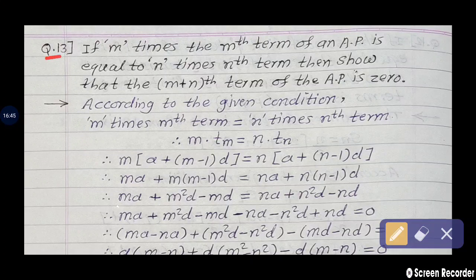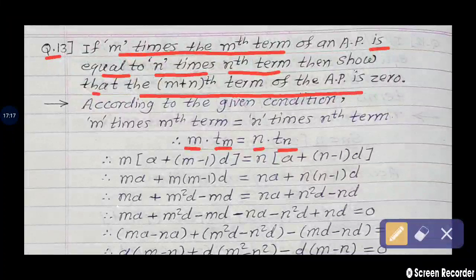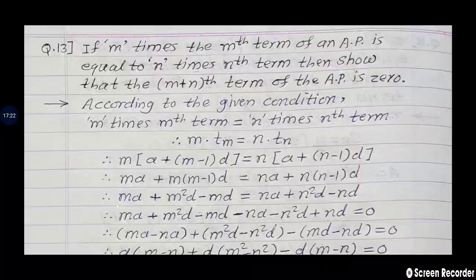If m times the mth term, m times means m multiplied by, and mth term means tm, of an AP is equal to n times the nth term, so n multiplied by tn, then show that the m plus nth term of the AP is 0. So according to the given condition, we start our answer.